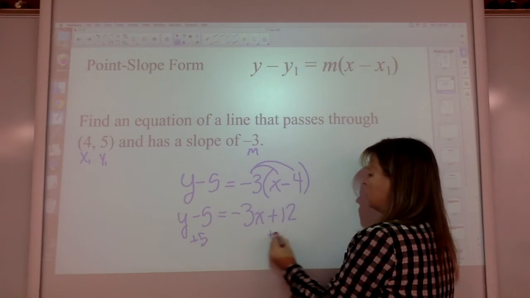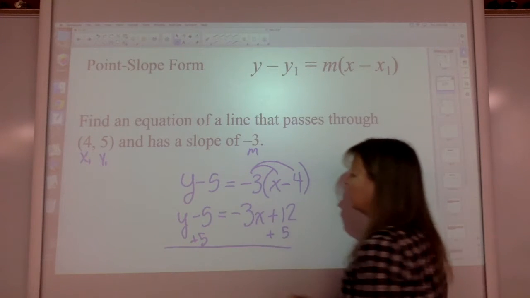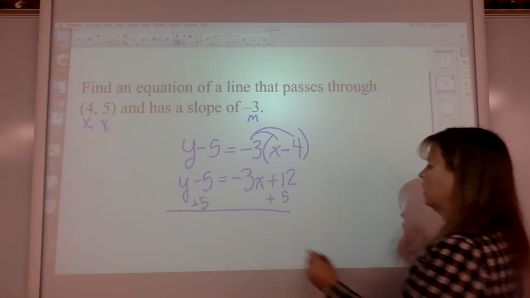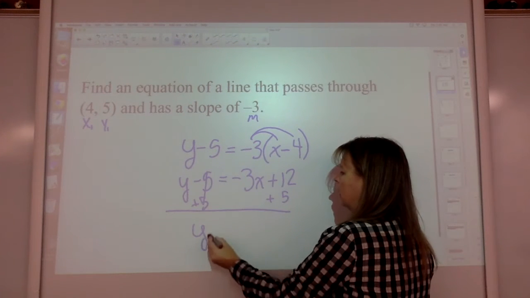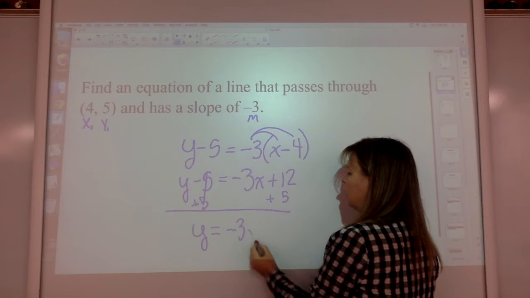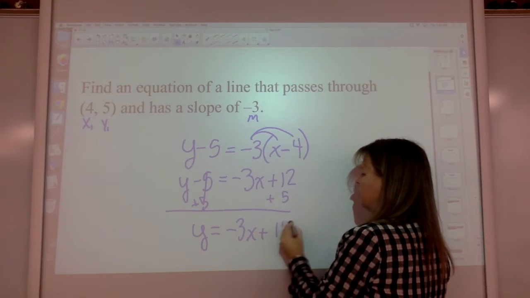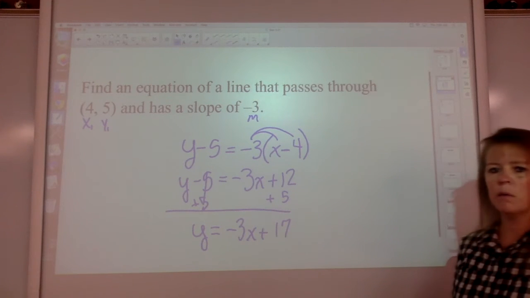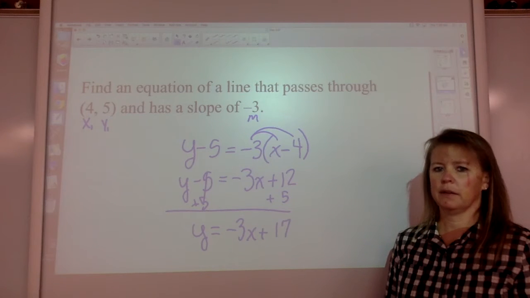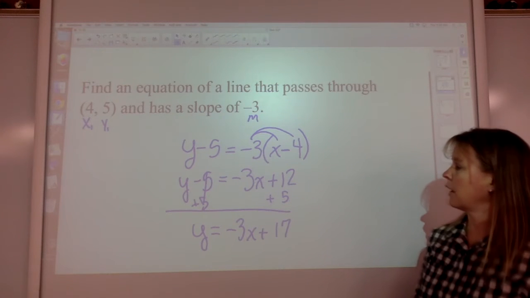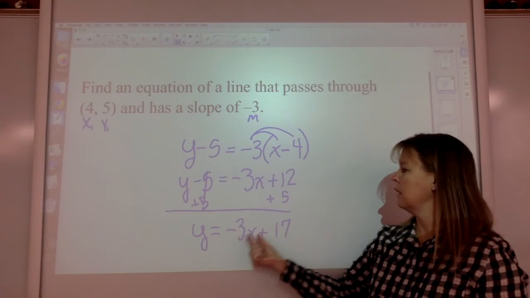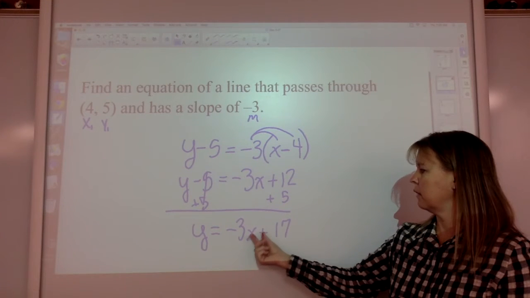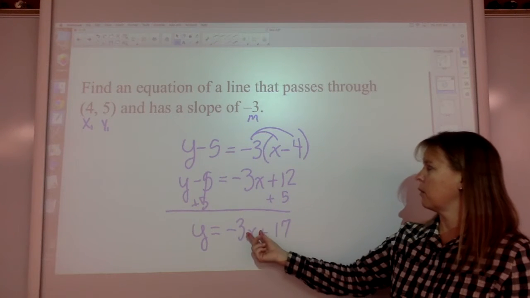Then we're going to add 5 to both sides. And here's the nice, smooth, easy transition from point slope form to now you have y equals mx plus b form. Y equals negative 3x plus 17. And you could do a quick check. Check your answer. Yes, you have a slope of negative 3. If you plug the x value in here of 4, negative 3 times 4 is negative 12.